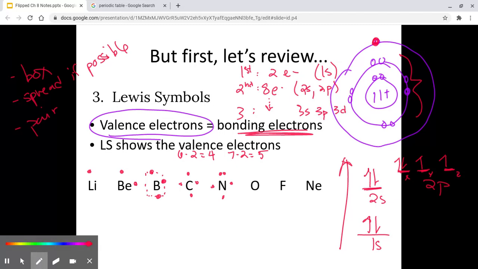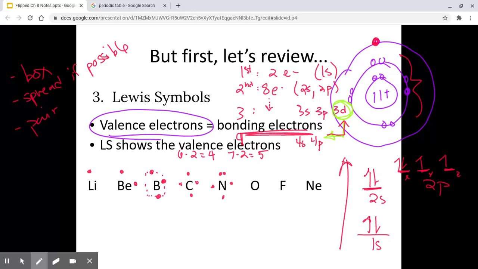But remember that the Ds and Fs don't fill until the next energy level has already filled S and P. So energy level 4 is going to fill 4S and 4P. And then electrons will go back into filling the 3D orbitals.